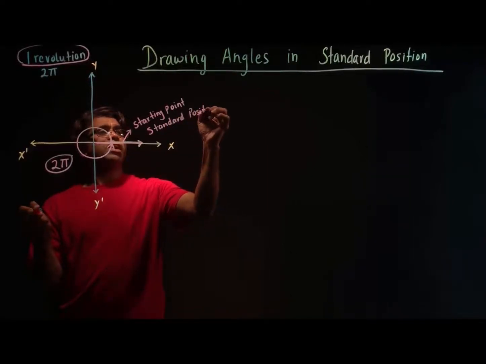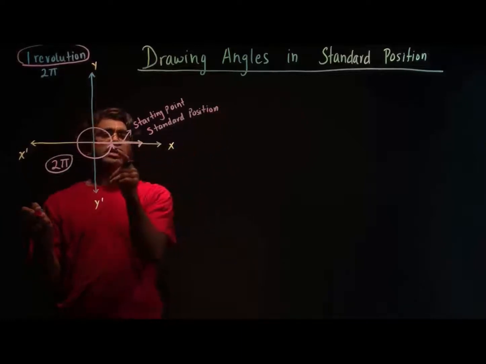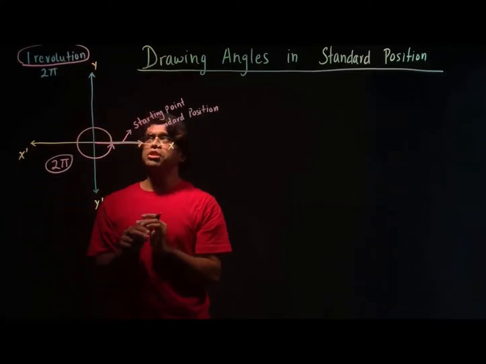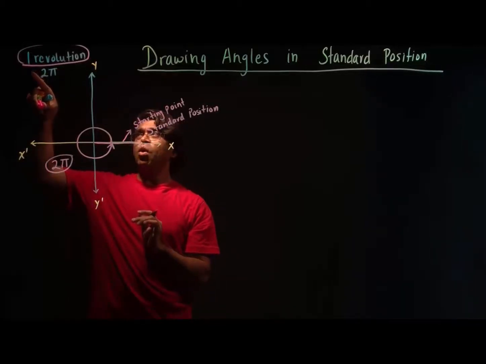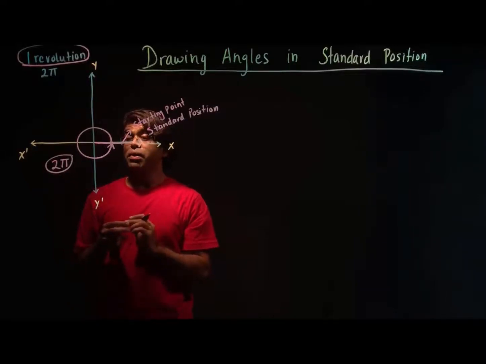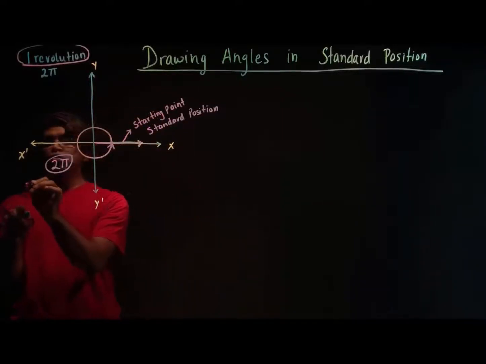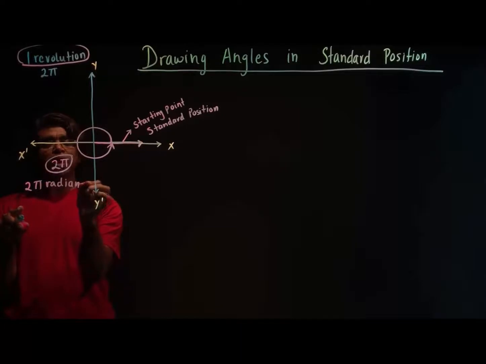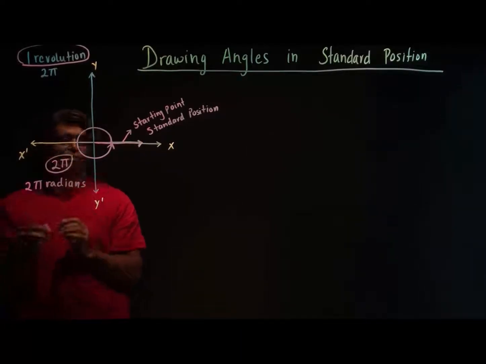So we are taking one whole cycle from the standard position, and if we take one whole revolution, then the angle subtended is 2 pi radian.